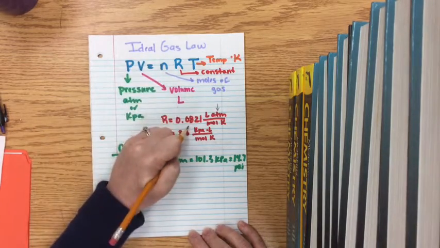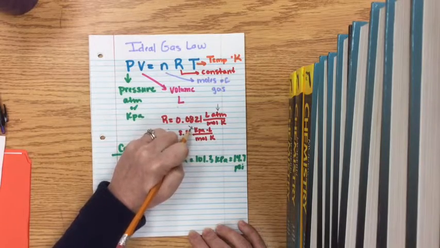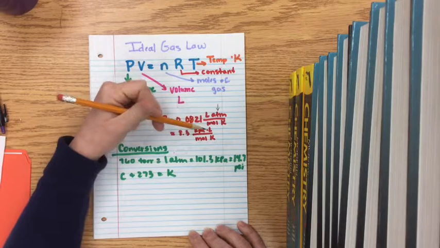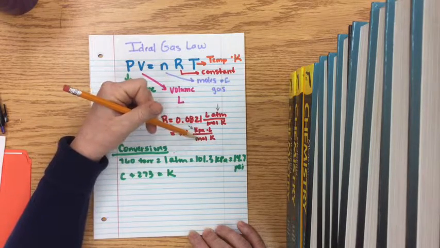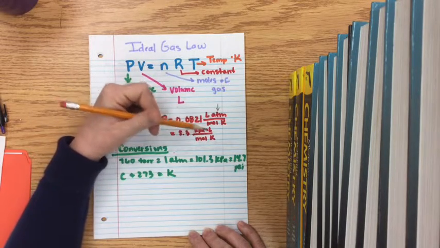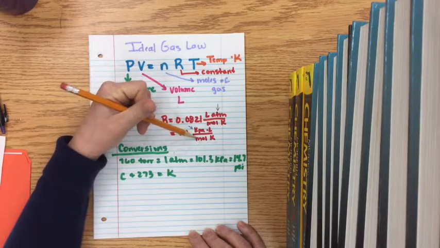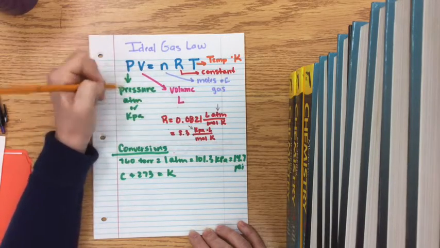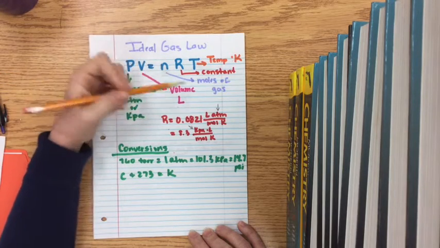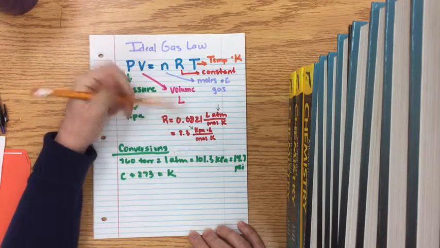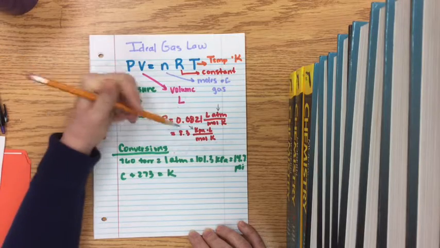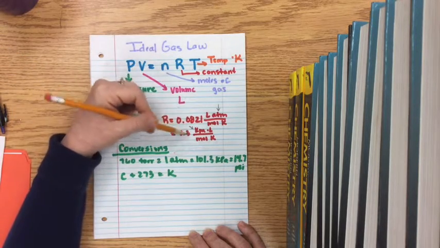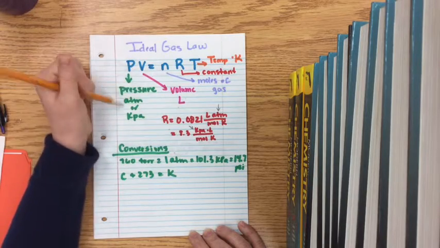If we're using kPa as our pressure unit, then we have a slightly different constant. We're going to use 8.3 kPa·L/mol·K. So that's pressure times volume over the number of moles and the degrees Kelvin. Anytime I use atm, my gas law constant will have to be 0.0821. Anytime I use kPa, my gas law constant will have to be 8.3 kPa·L over mol·K.